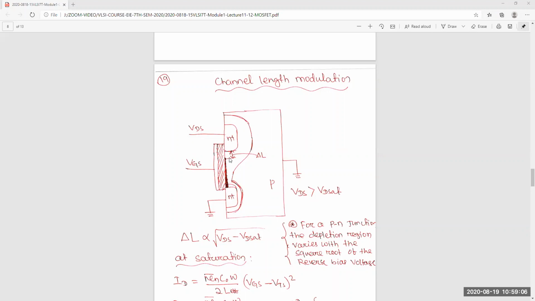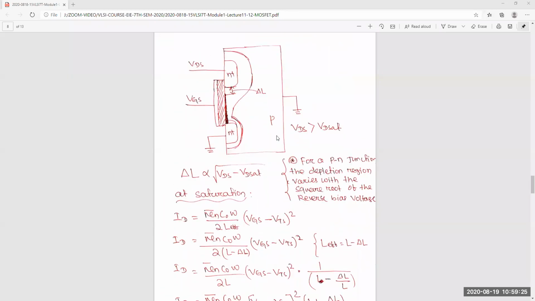The second thing is the channel: from VG to this channel there is some capacitance. And the depletion region capacitance will come. This is N plus, this is P, so there is a reverse bias junction here also. So these three types of capacitance will come. Yes or no?